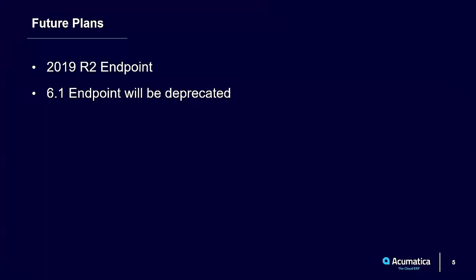We are working on improving that mechanism, and it will probably work better and will not throw that many errors. And as for the 6.1 endpoint that is in Acumatica right now, we will deprecate it and we will not support it starting from 2019 R2.